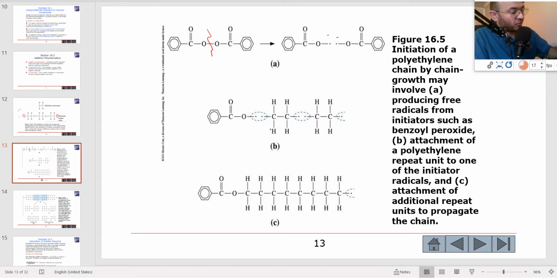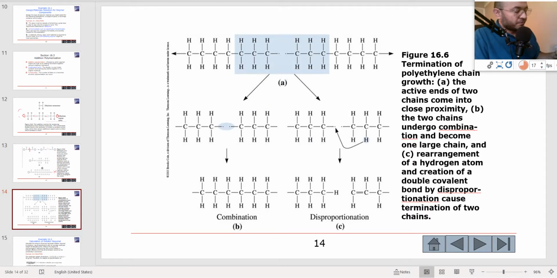Now each of them goes to the end of the polyethylene chain. You have a big chain, one side of it becomes this one, and then you have lots of repetition here. Eventually, after all this repetition, you have another molecule of peroxide in there. Okay, and then we mentioned that sometimes you end up with these types of orientation.